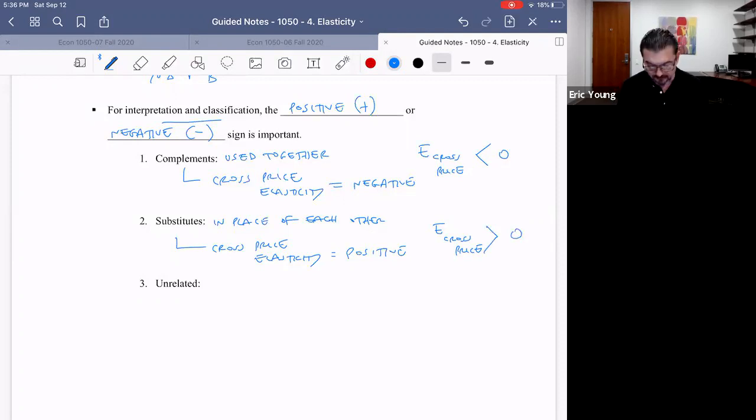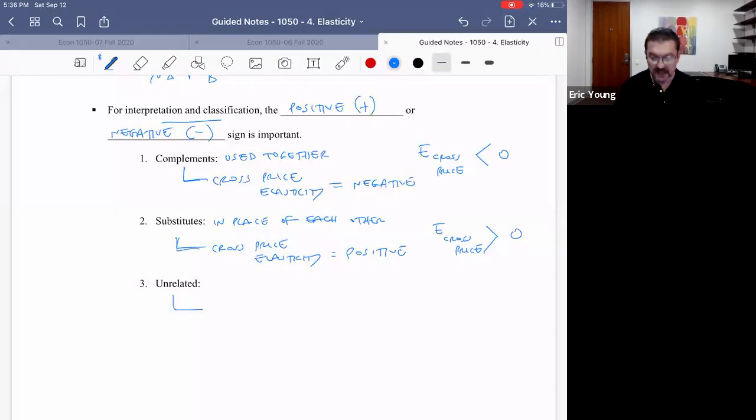And again, to confirm this and to work it out, just in your mind or on your notes, conceive of two items that are substitutes that can be used in place of each other and go through the old analysis. If the price of the item goes up, what's going to happen to the demand for the substitute? And you'll confirm this.